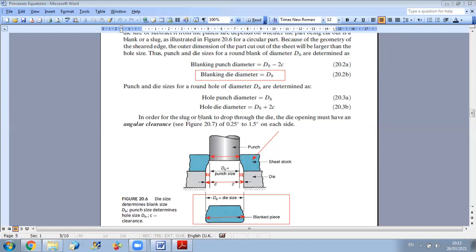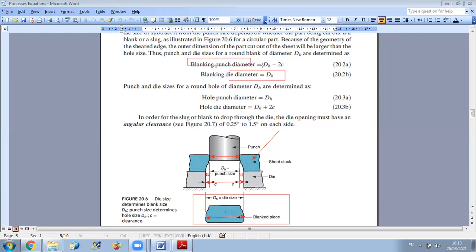Since the form is circular, you have clearance on the two sides. So the diameter of your punch will be equal to the diameter of your die minus 2c. And I repeat, this is for a blanking operation.